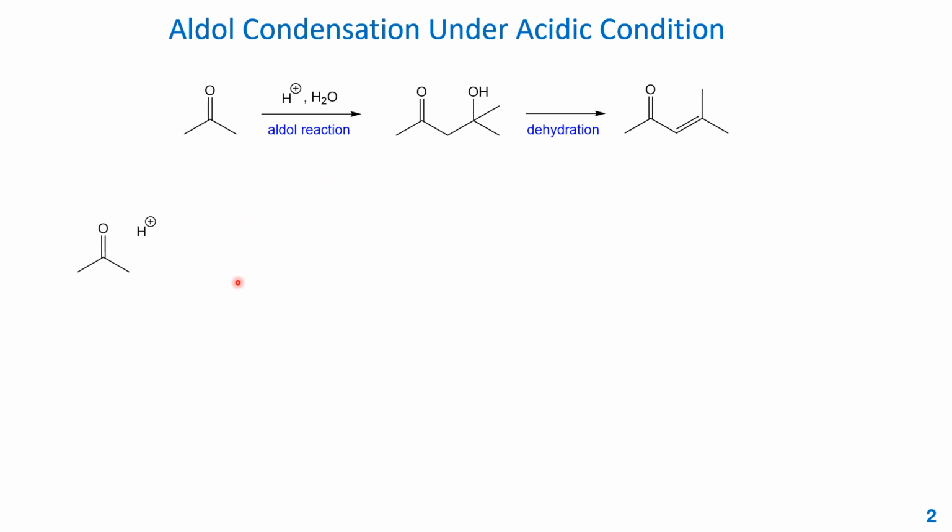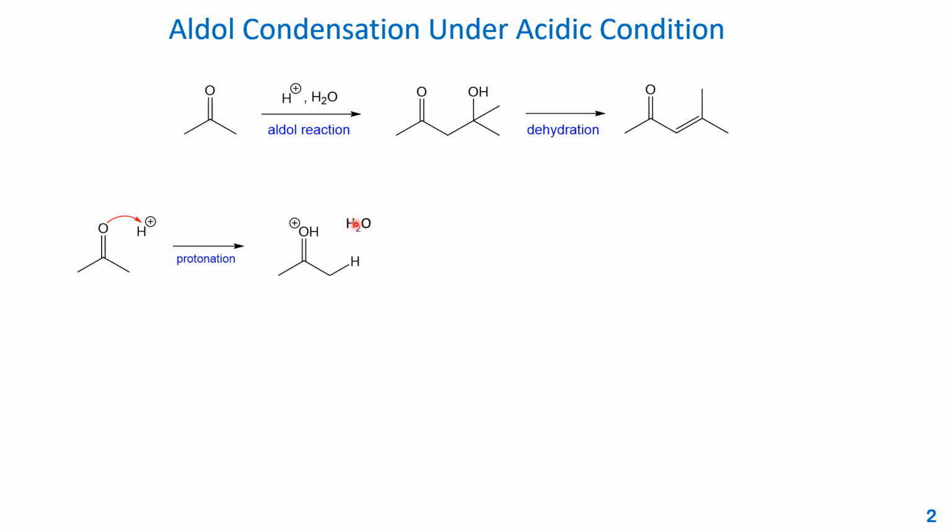Now the first step, we have this ketone. This is actually acetone. We have a proton, so protonation is the first step. Start from the oxygen's lone pair to the proton. Protonation gives you the activated carbonyl here. And then this alpha proton will be deprotonated by water.